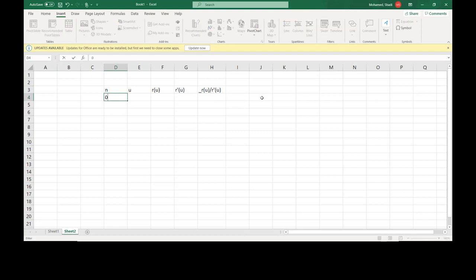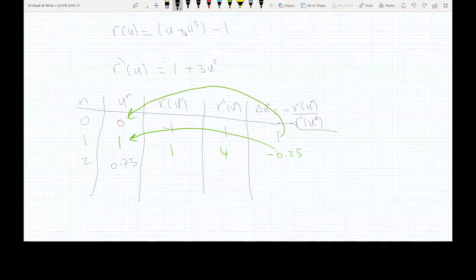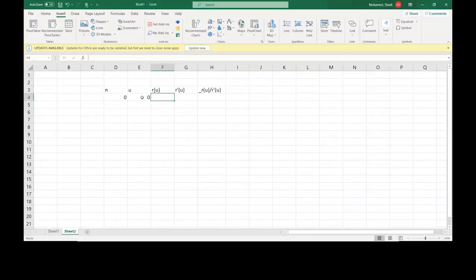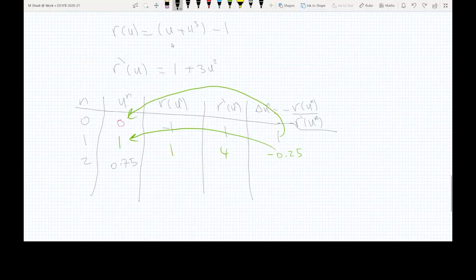So the first iteration is 0. The first guess is 0. Ru is basically u added to u cubed minus 1. So it is equal to this added to the same to the power of 3 minus 1. So this is this function.